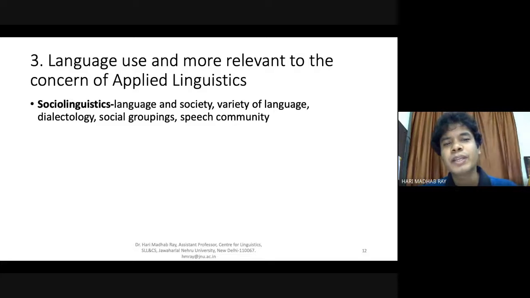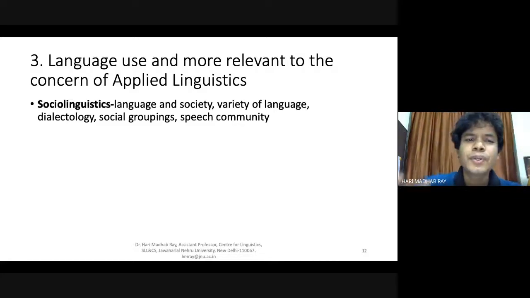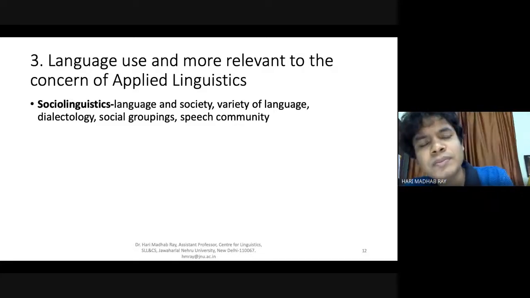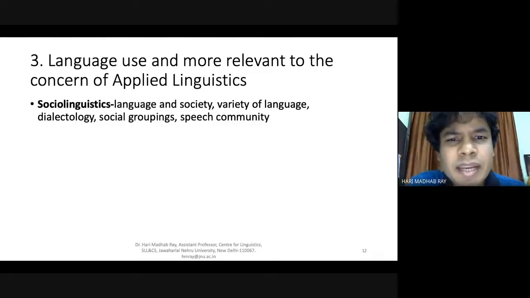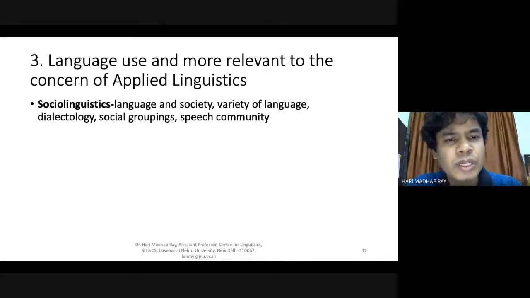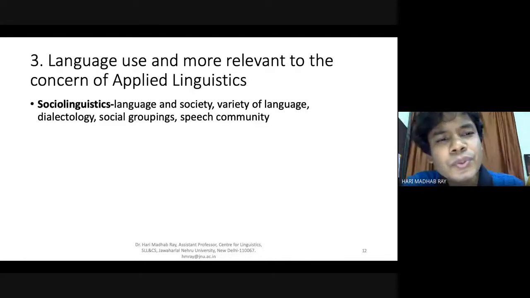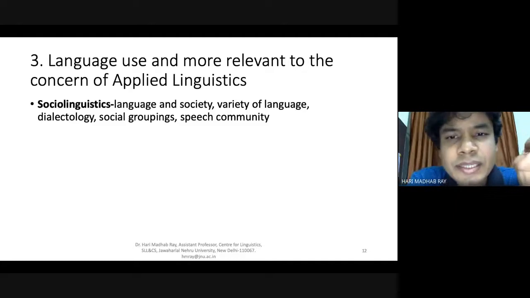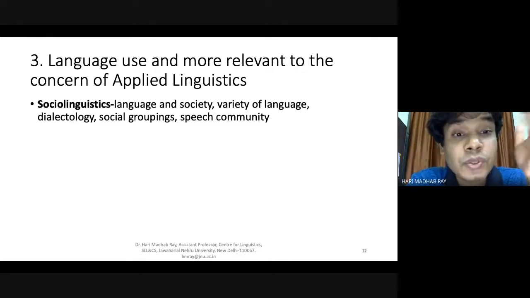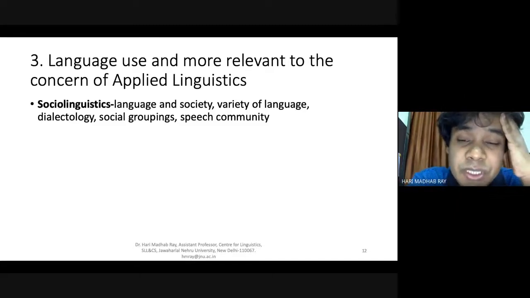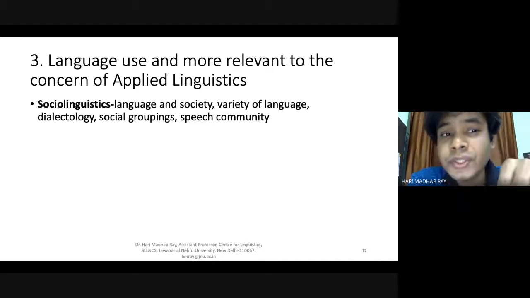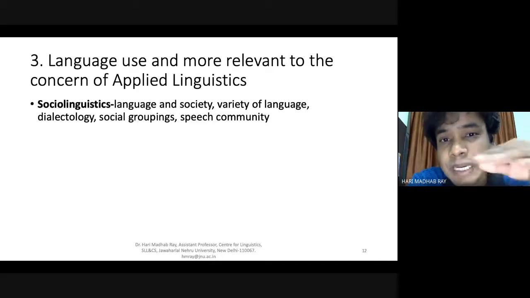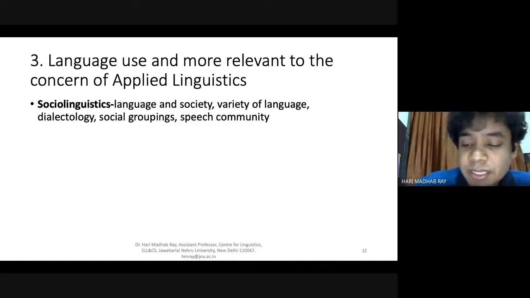William Labov, Joshua Fishman, I can name just one or two, but there are many. Language and society, variety of language, dialectology, social grouping, speech community, the whole area of research in sociolinguistics. So many people started working in these formalist traditions as well.